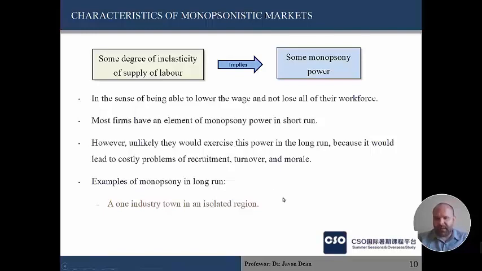It's not competing with anyone else for labor in that area. You could also think of a labor market where workers have very specialized skills that are only useful at a specific firm. And in that case, they would face an upward sloping labor supply curve based on workers with those specified skills.